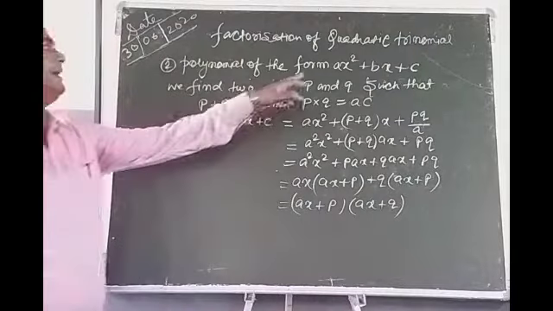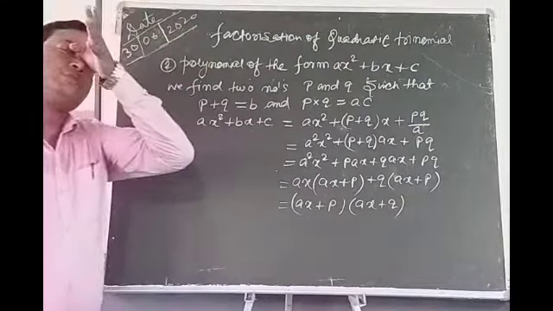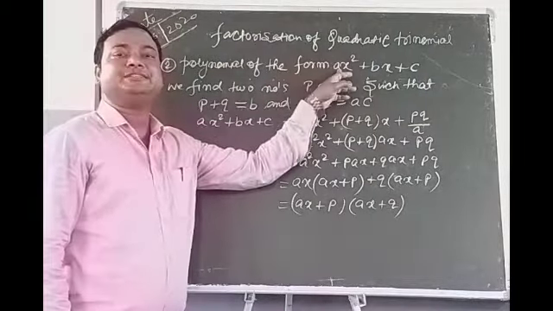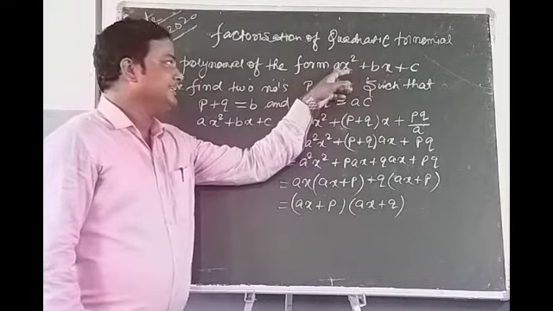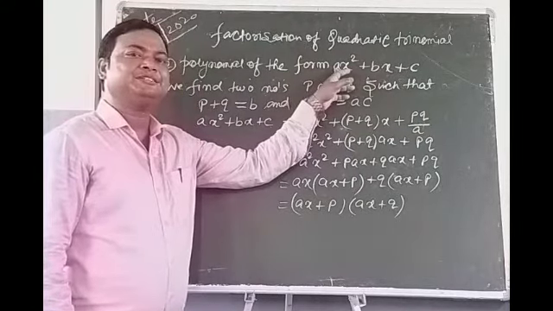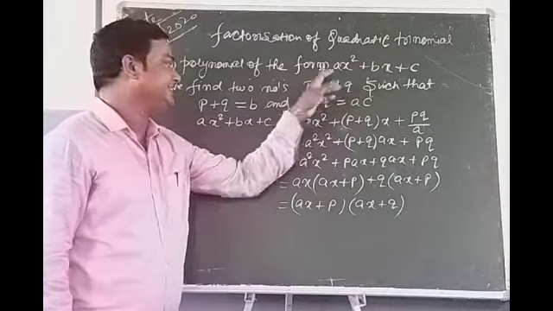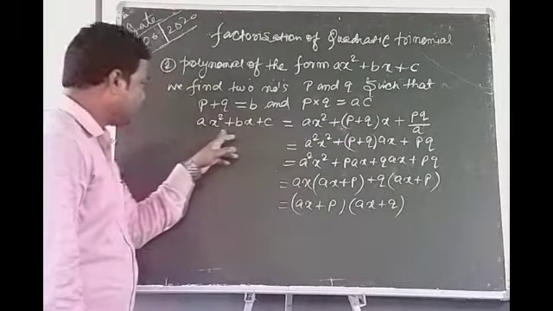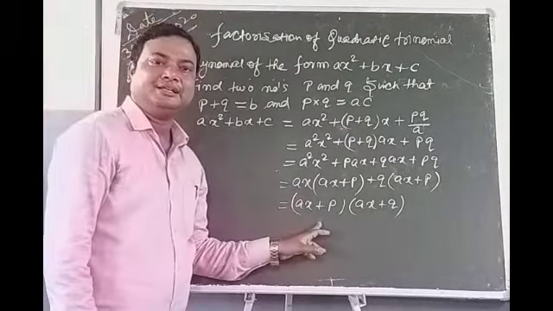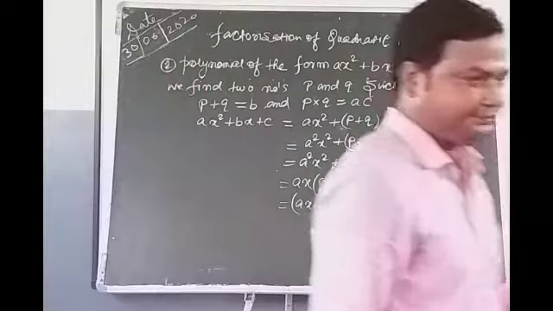So when the coefficient of x square is more than 1, any integer a except 1, the factorization form is like this.